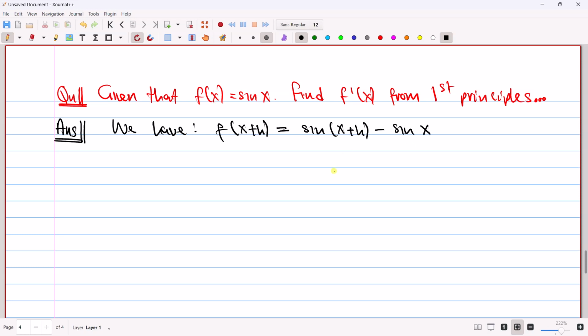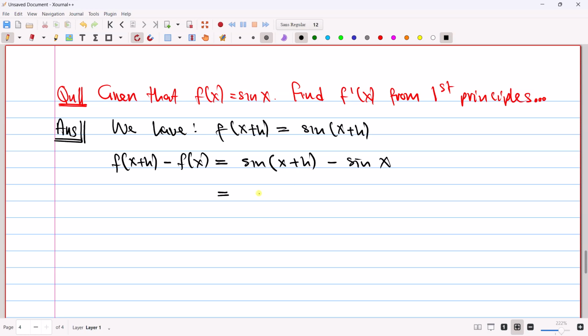Then to find the difference, f of x plus h minus f of x, I get sine of x plus h minus sine of x. So it gives me that expression there.